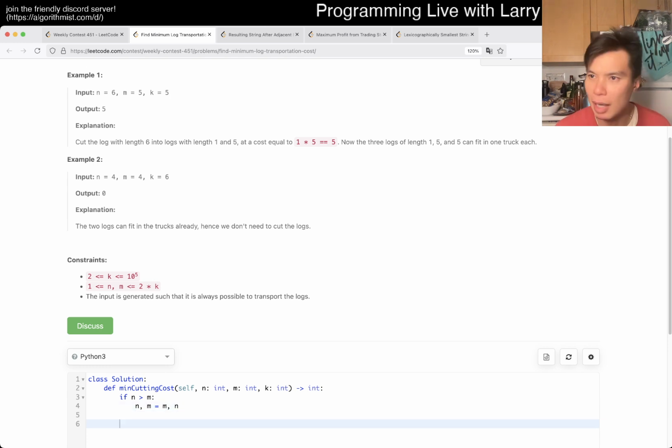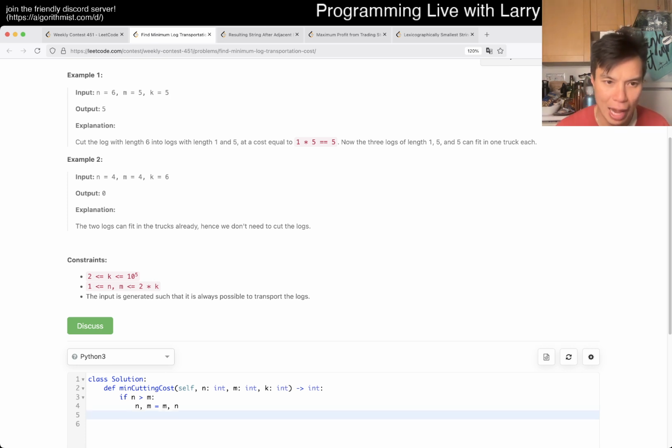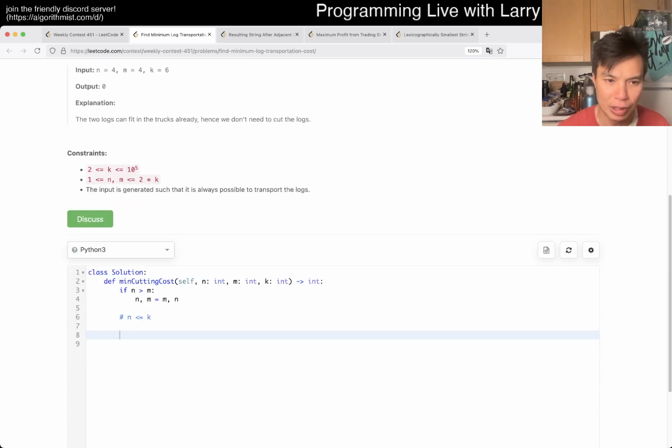If it's always possible, that means that we never need to cut more than once. So n is always going to be less than or equal to k, and then we just have to figure out m, right? Otherwise, if both of them need to be cut, then we cannot cut. So we just want to cut one of them to k and the other to what, right?